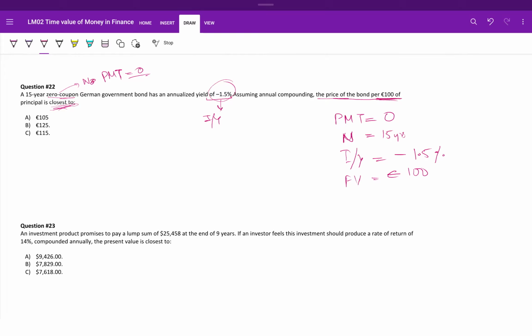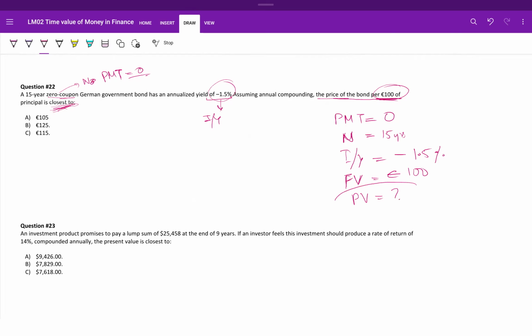Understand the language of the question. They are saying at the end of the time when you are getting 100 euros, what is the price of the bond right now? So they are asking for the present value.